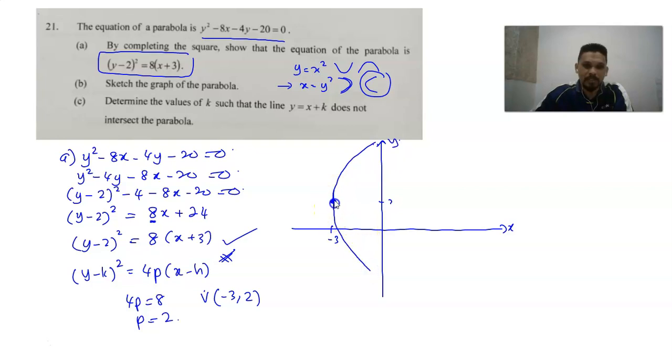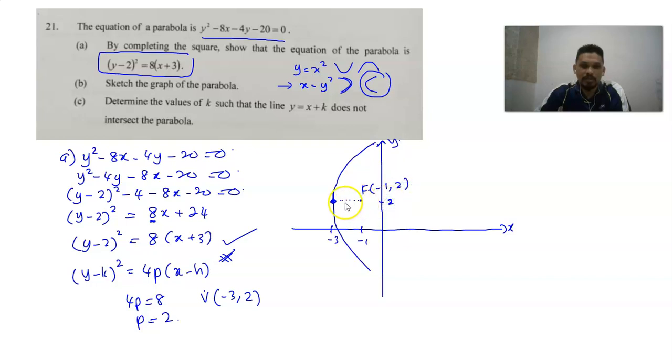So this is the vertex of the parabola. And p equal to 2 means the focus is 2 units distant from here, which is negative 1. So this is the focus, which is negative 1 and 2.